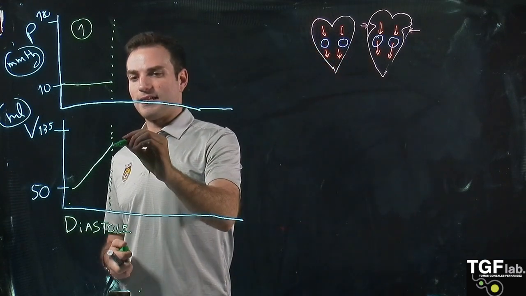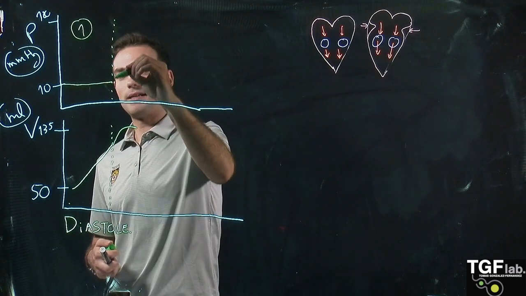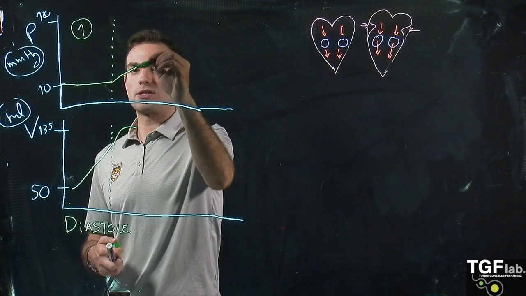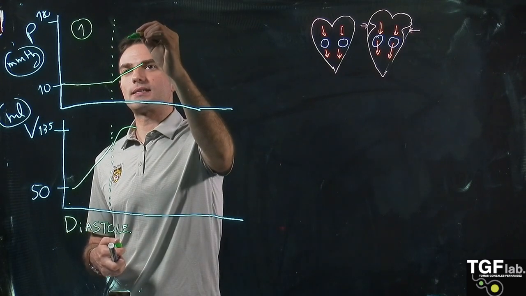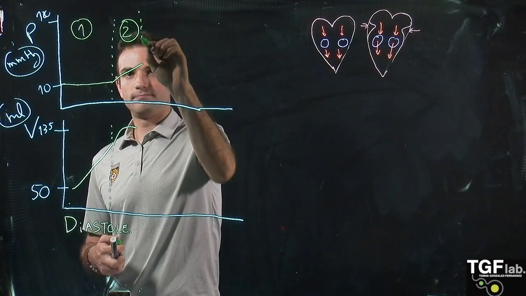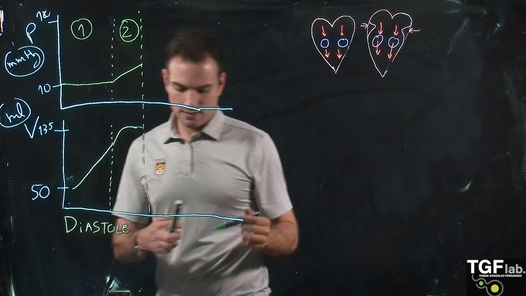So we have this auricle contraction phase in which we have an increase in the volume, and we are starting to increase the pressure. So the auricular contraction phase.